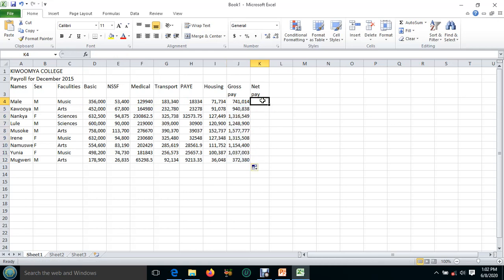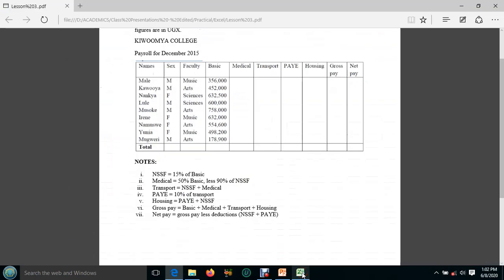Then lastly, we have net pay. Net pay is equal to gross pay less deductions, NSSF plus payee. That means that you are going to get gross pay minus NSSF plus payee.